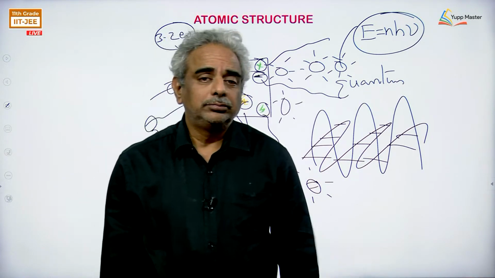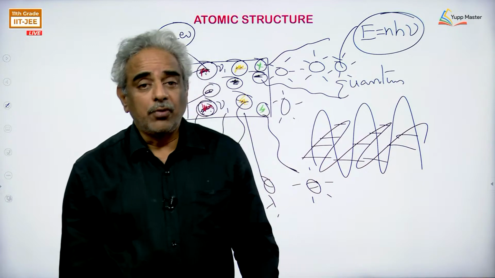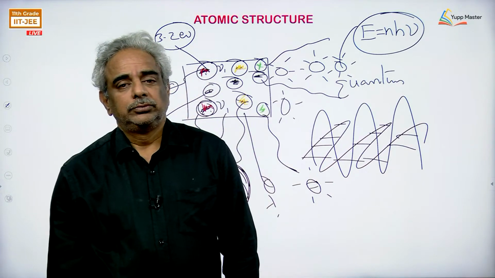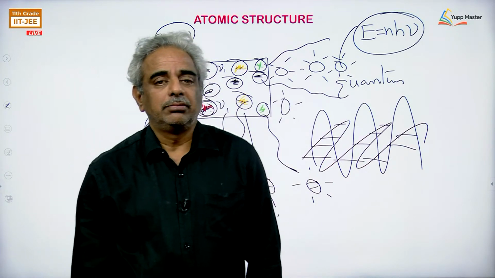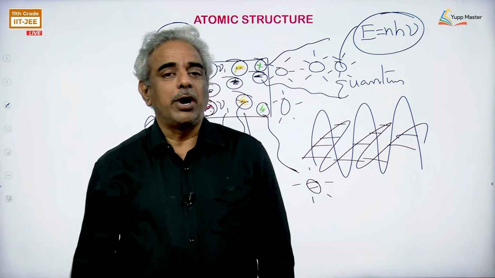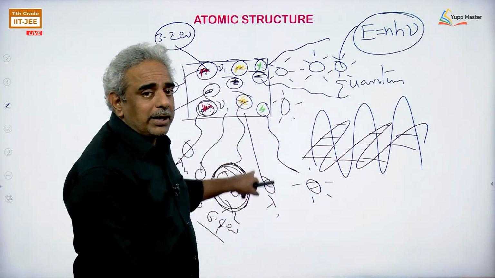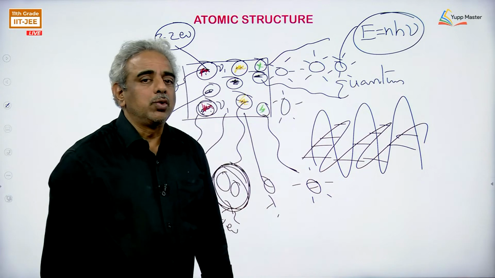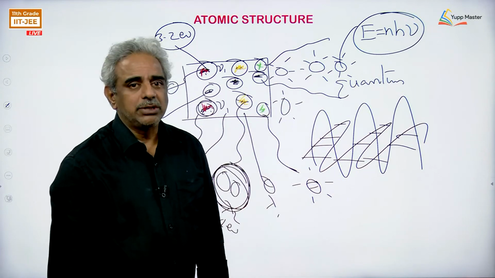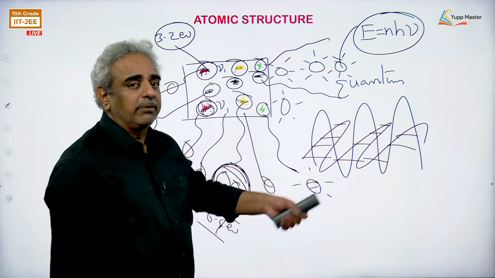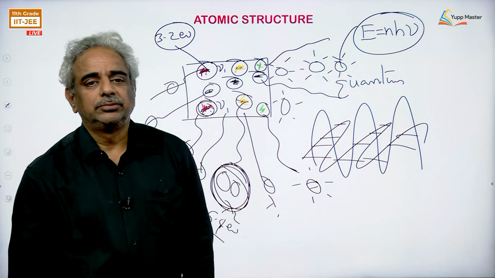If 3 bundles, 9.6. If 4 bundles, what will happen? 12.8. So, it will be a multiple of 3.2 provided all the radiations are coming due to similar frequency. And there can be different frequencies, different wavelengths.